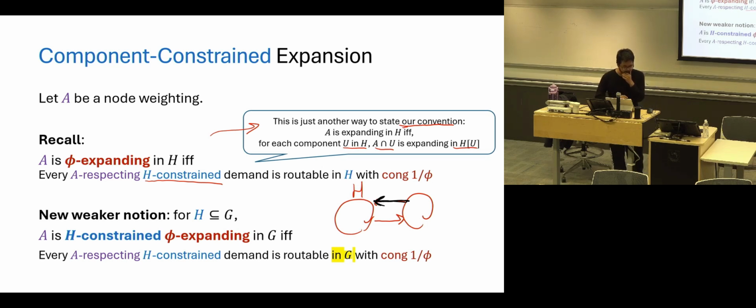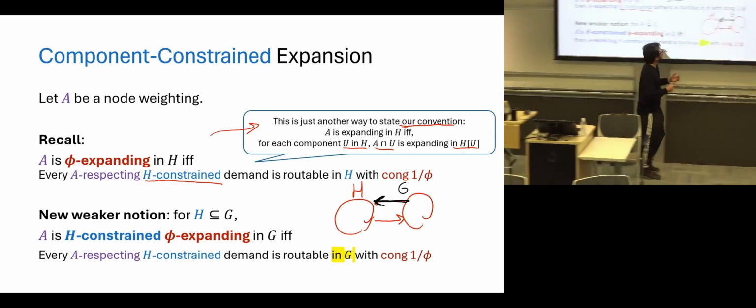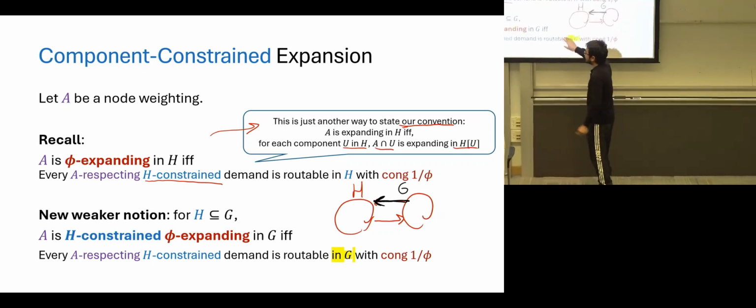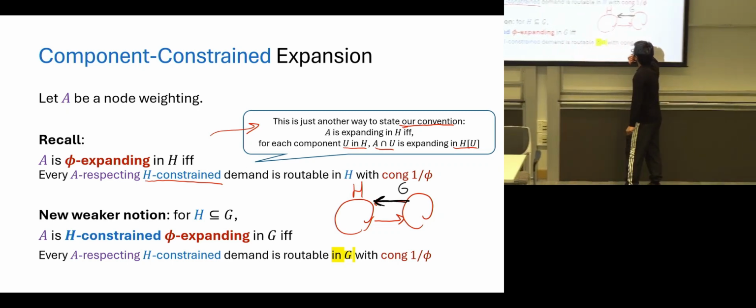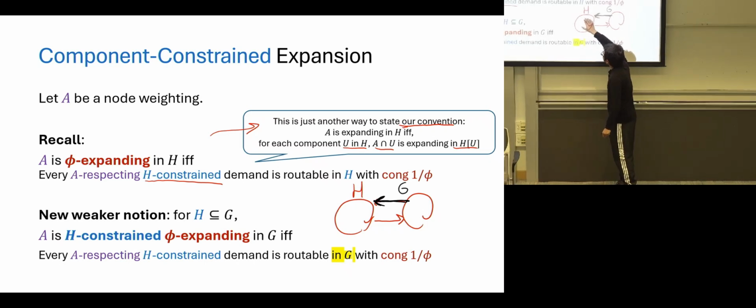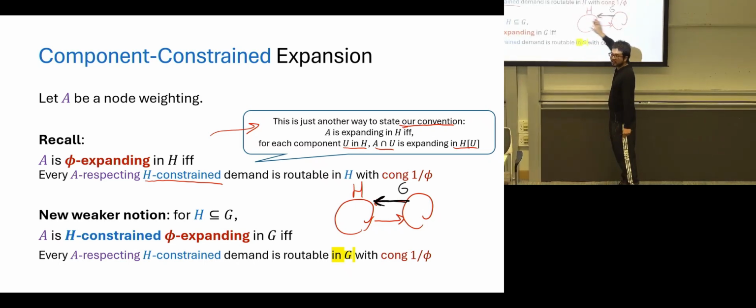If G would have one more edge, like this, then if I say A is H-constrained phi expanding in G, it means that for any demand between the same component of H, I can route using edges in G as well, with low congestion.